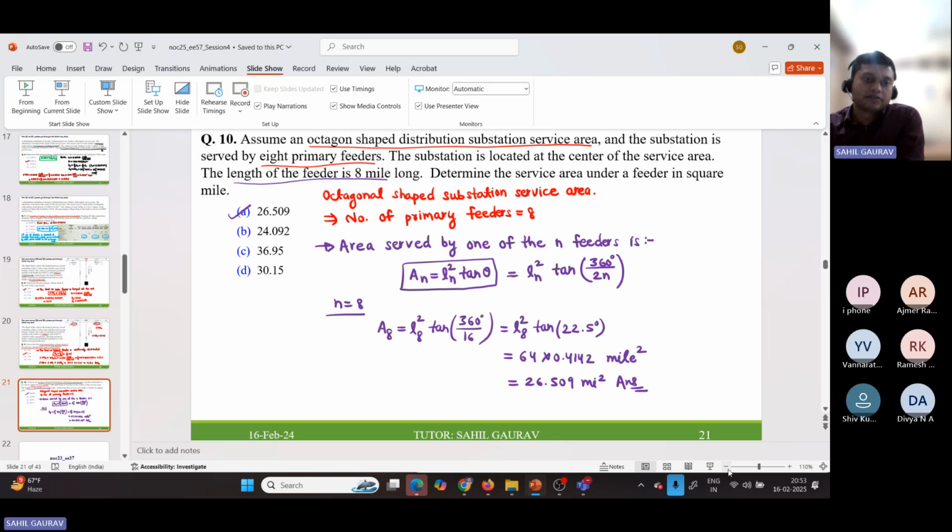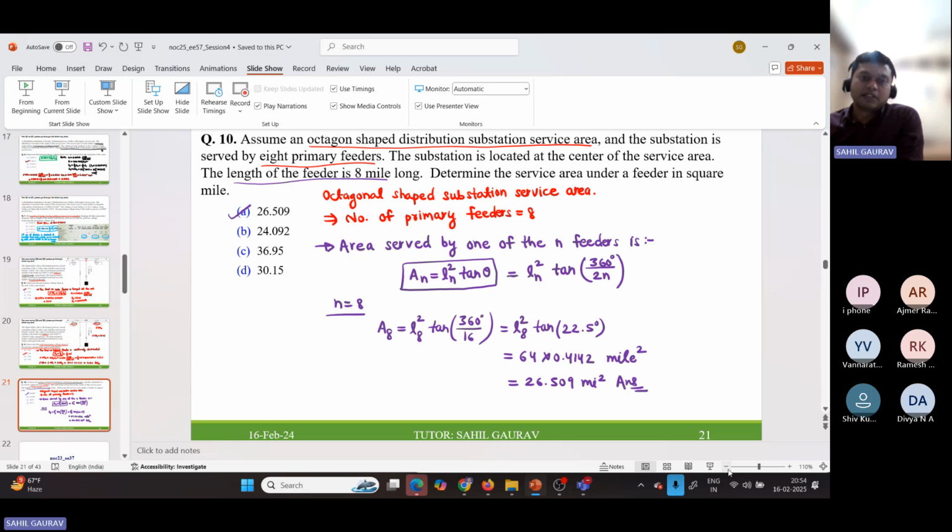This assignment you have to understand a little bit. If you know the expressions and terminology clearly, then it is very easy, and if you don't know them carefully, then it is very tough. First, Ln is the length of each primary feeder. An is the area served by one of the feeders: A4, A6, A8.